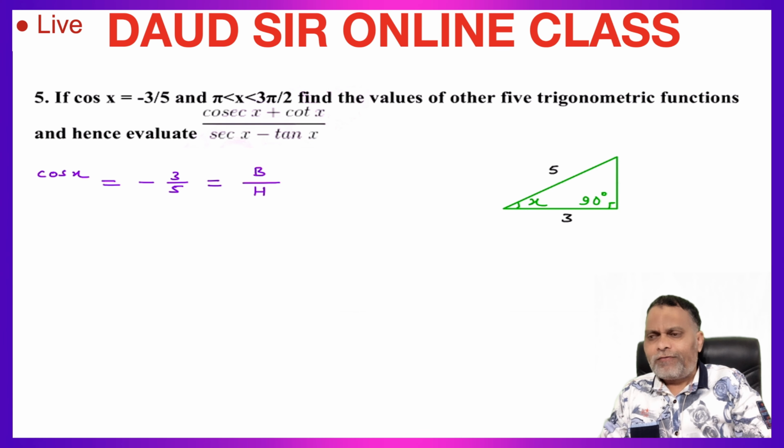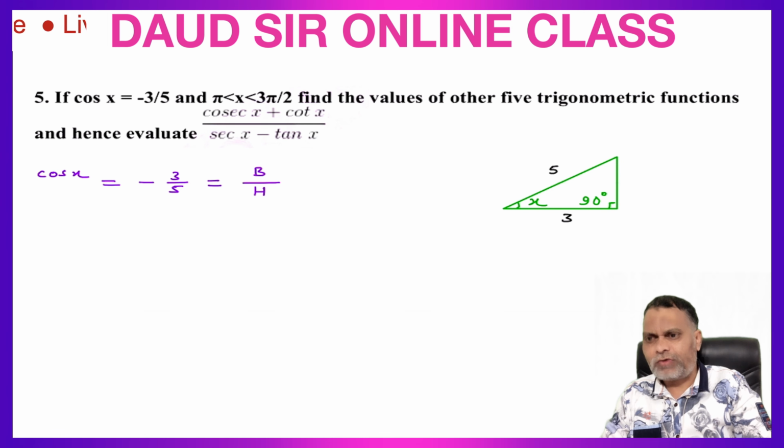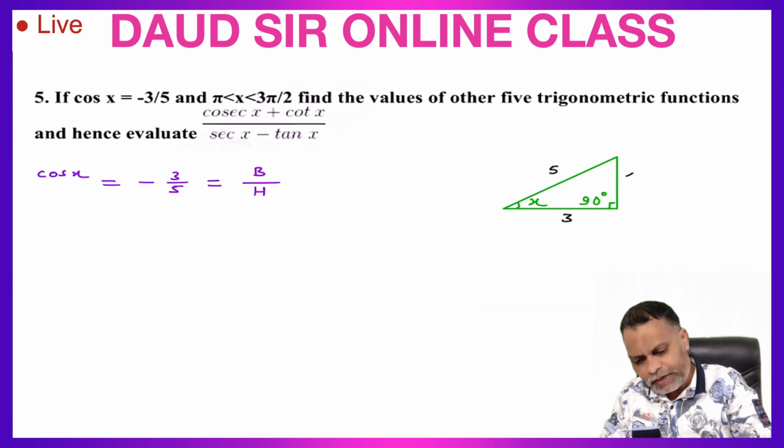So first find this third side by using Pythagoras theorem, and Pythagoras theorem is h square is equal to p square plus b square. So p square is 25 minus this 3 square 9, 25 minus 9 is 16, and square root of 16 is 4. So this perpendicular side is 4.